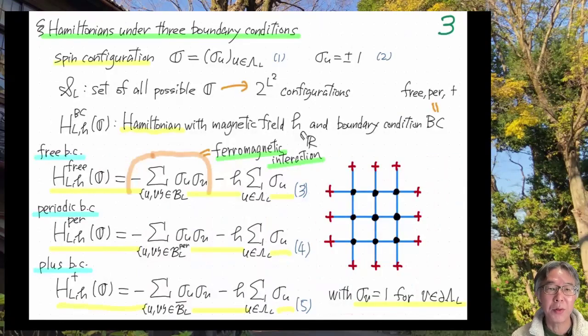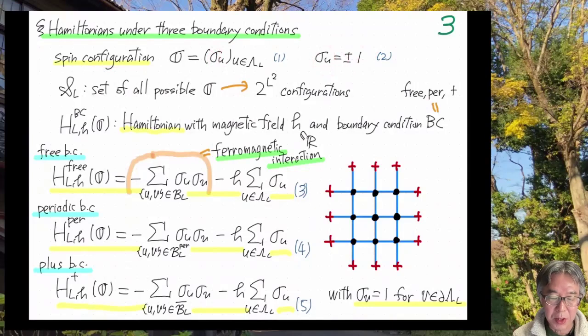Now we go to the Hamiltonian under three different boundary conditions. First of all, by a spin configuration, we denote a collection of spin variables, which take the value plus or minus 1. Okay, this is the Ising model. For each site u, we have a spin variable sigma u that takes the value either plus or minus. And so this is a collection.